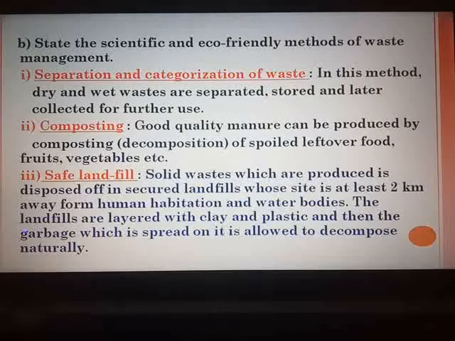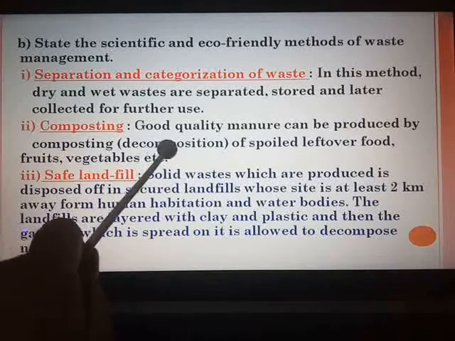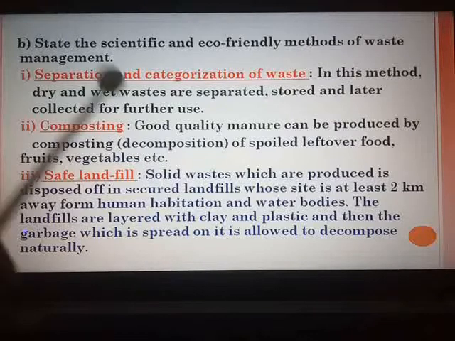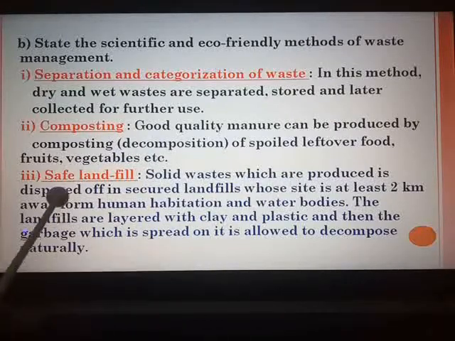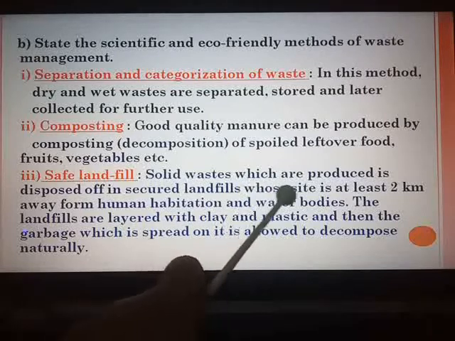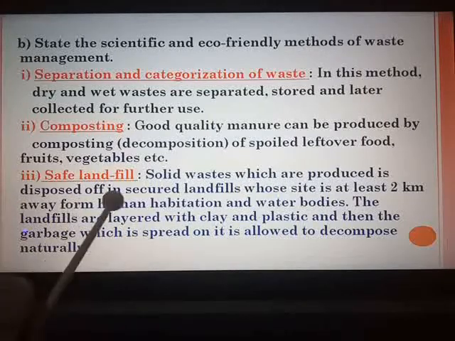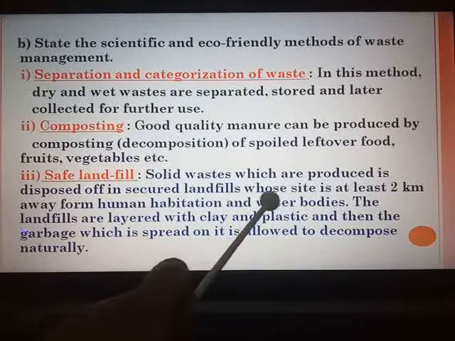The third is safe landfill. Under this point I am going to cover safe landfill sites, and below the diagram you have industrial solid waste management, that is the landfill method. Both you can combine and write this explanation. Solid waste which is produced is disposed of in secured landfills whose site should be at least 2 kilometers away from human habitation and water bodies.